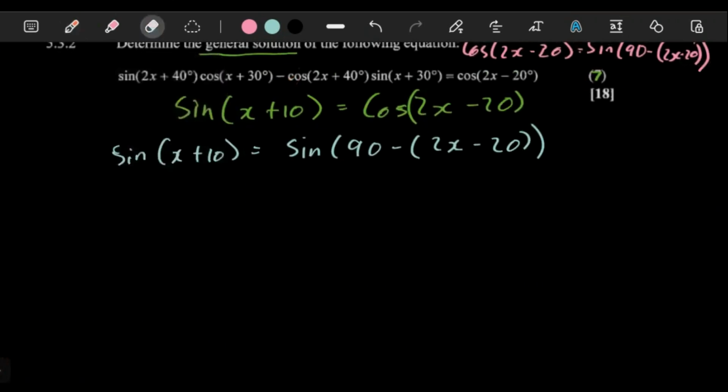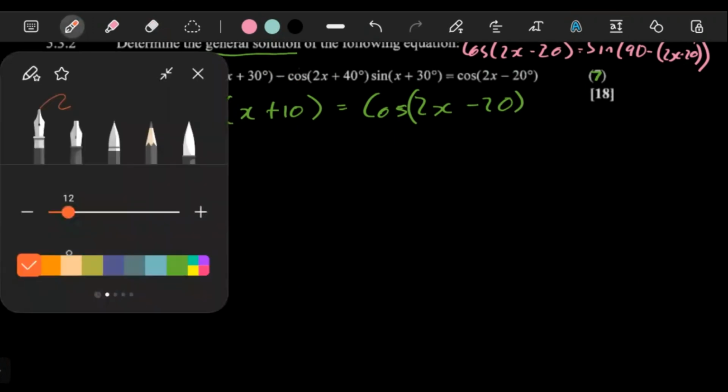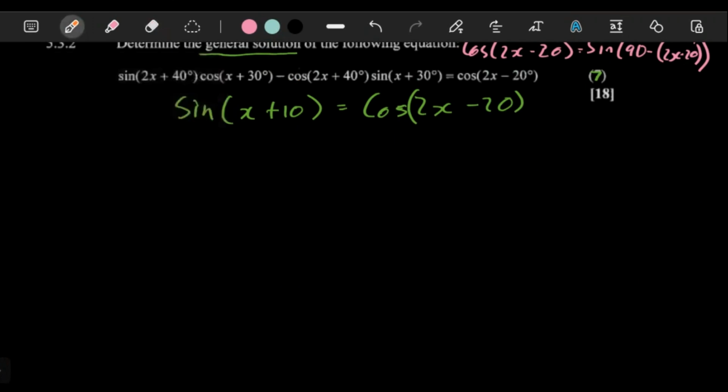When I say my personal preference, I'm referring to this. I would much rather change everything to a cos because it's not necessarily just a personal preference. It just allows you to use this specific method all the time and be fine.